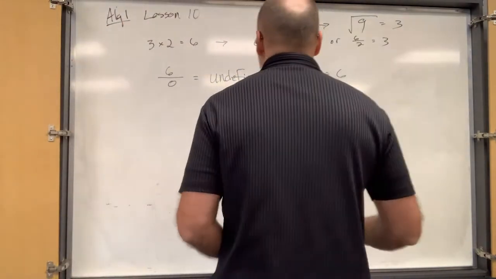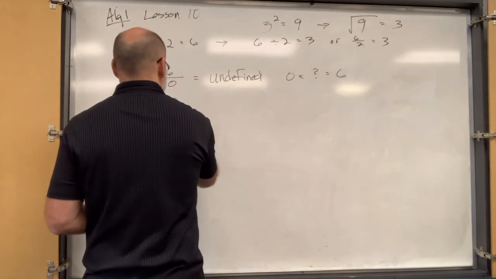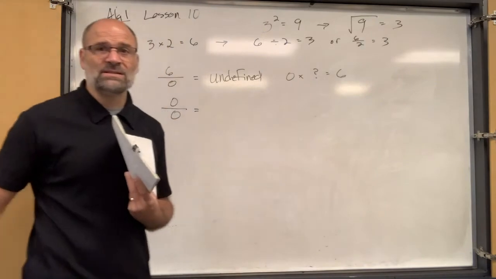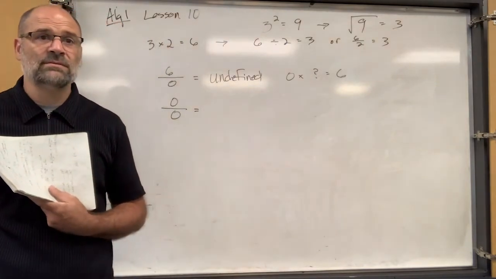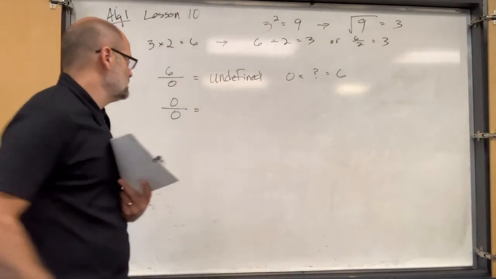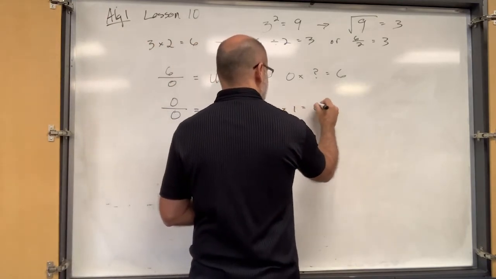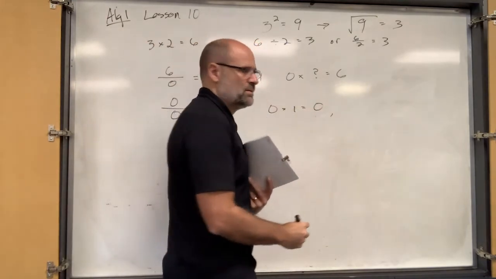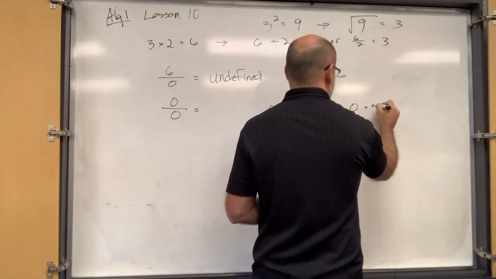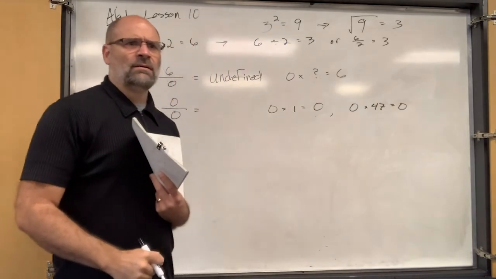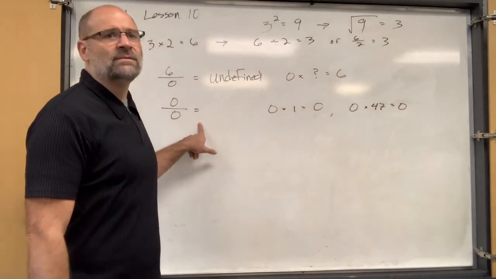Okay? What about this? 0 divided by 0. What's that? Can you multiply 0 by something to get 0? It's 1. Okay. Well, 0 times 1 equals 0. But look what else. 0 times 47 equals 0. So this could be 47.